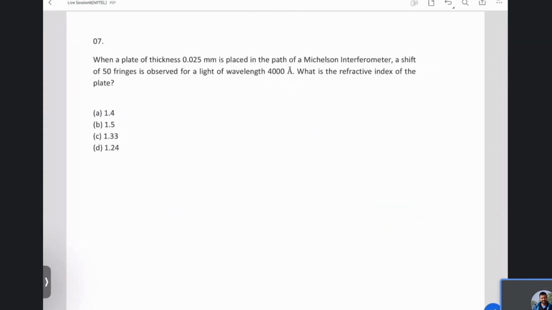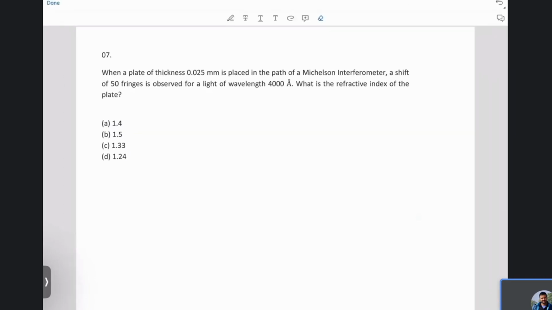Okay, then the next problem we have is also on Michelson interferometer. Again, a plate of thickness 0.025 mm is placed in the path of the Michelson interferometer.